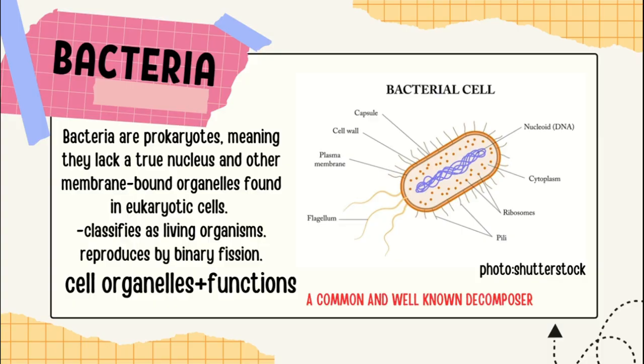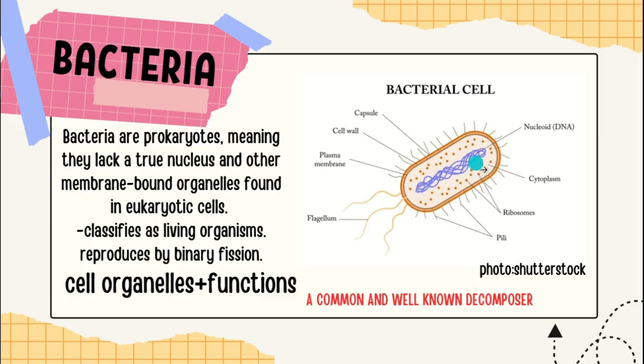But anyways, let's talk a little bit more about bacteria before we talk about other stuff. So this is our bacteria. It's obviously a prokaryotic cell, and the reason why it's a prokaryotic cell is because it does not have a true nucleus. If you're looking at this diagram right here, we don't see a nucleus anywhere inside. There is absolutely no nucleus.